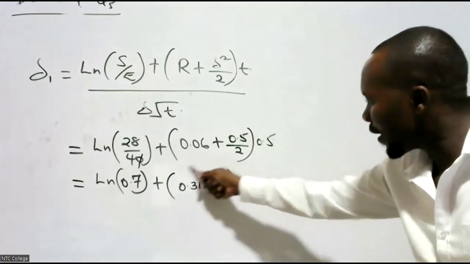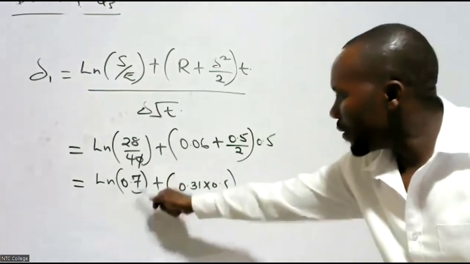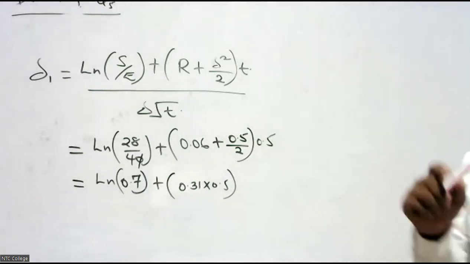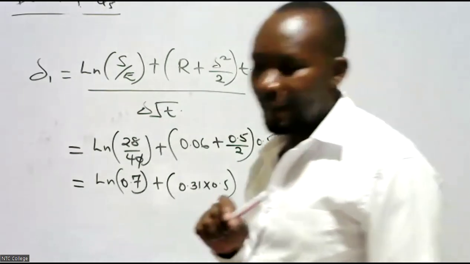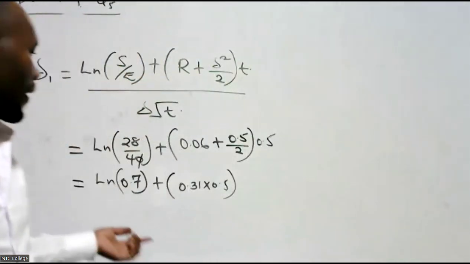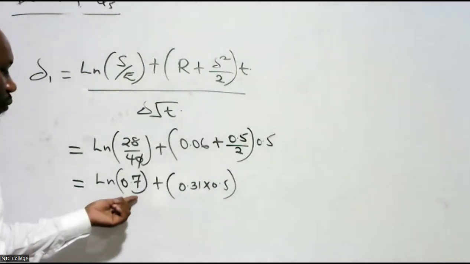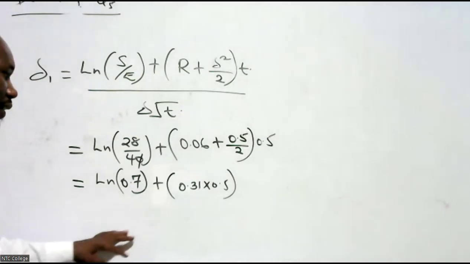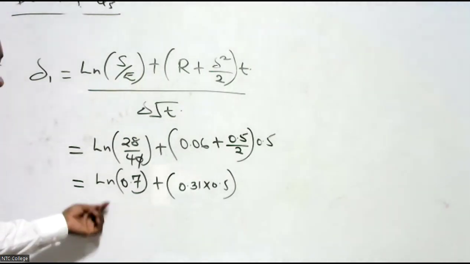Confirm to me that this is okay. This and this too. Then on your calculator, just press ln 0.7. ln 0.7. Let's do them separately. ln 0.7, what are you getting?